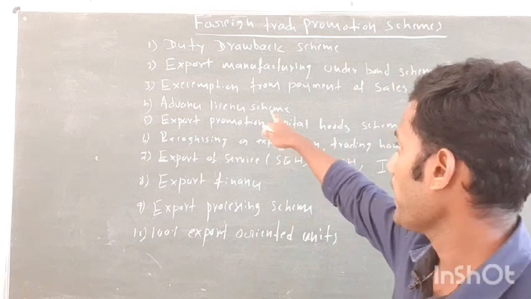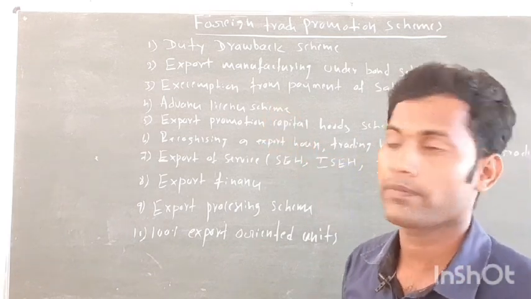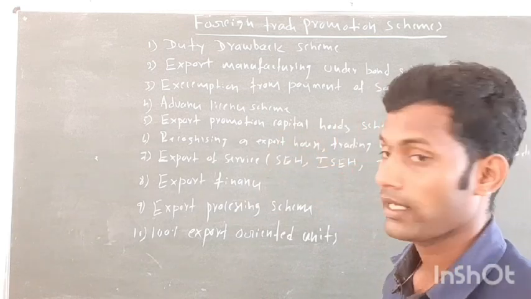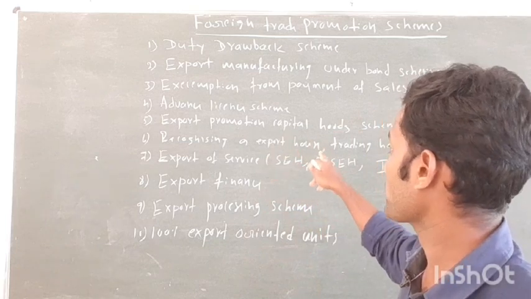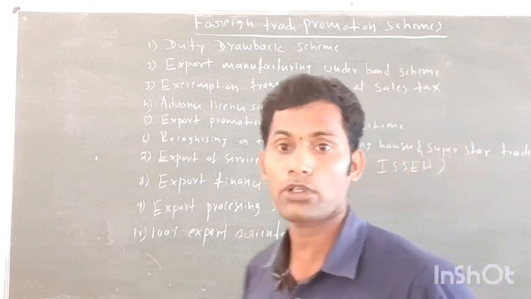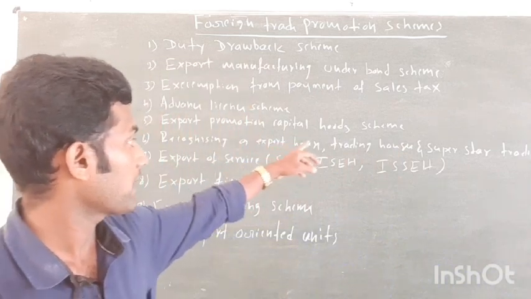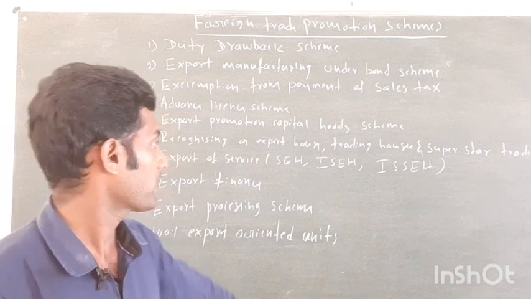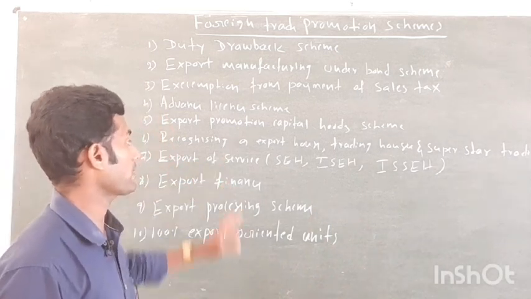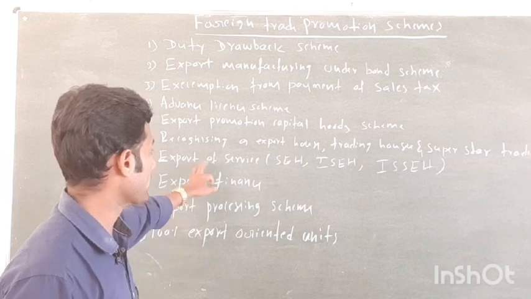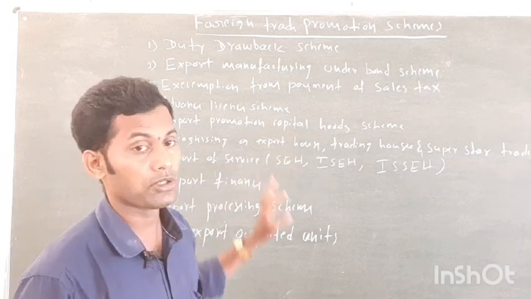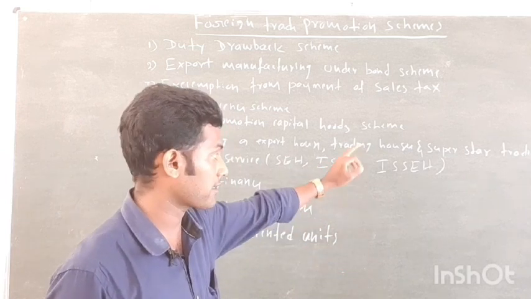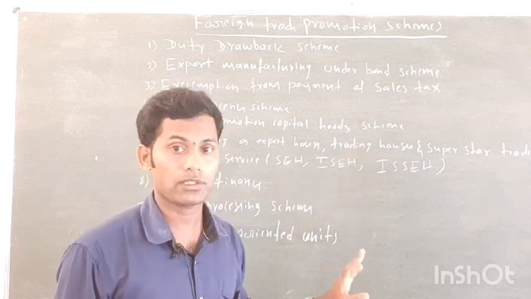Then we have advance license scheme, export promotion capital goods scheme, recognizing as export house, trading house and superstar trading house. Then we have export services: service export house, international service export house, international star service export houses.